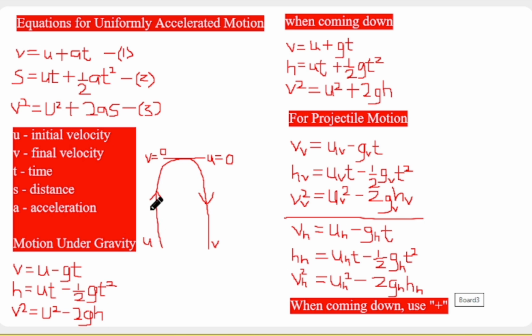The velocity keeps decreasing until it gets to the maximum height. At the maximum height, the velocity becomes 0. So the object stops momentarily, although you may not be able to see it, but the object stays momentarily for a short period of time when its velocity has become 0 before it starts to come down again.